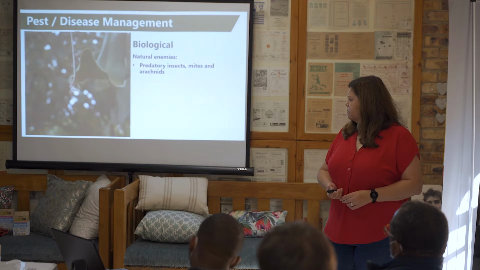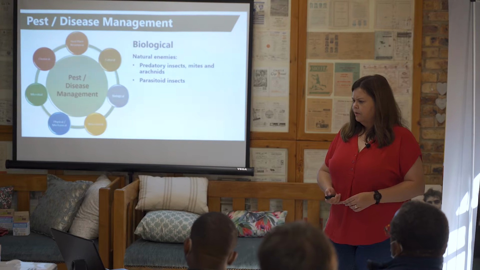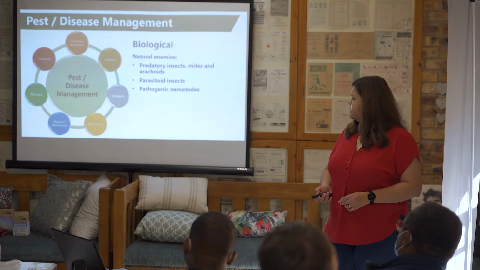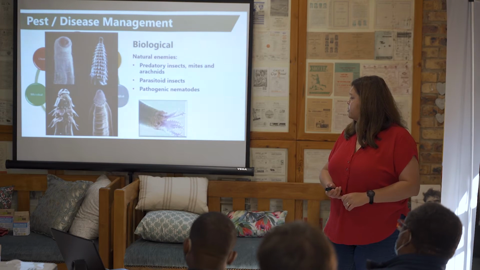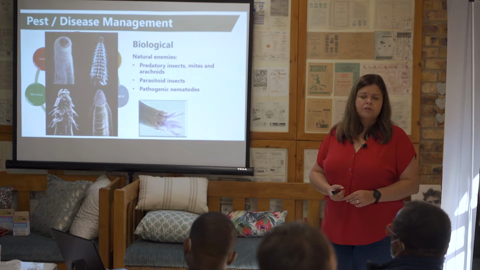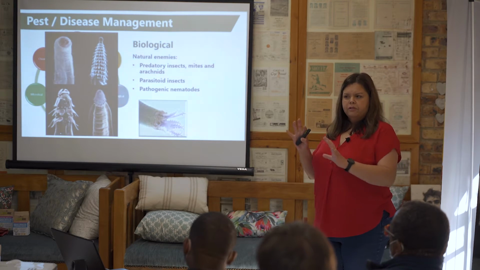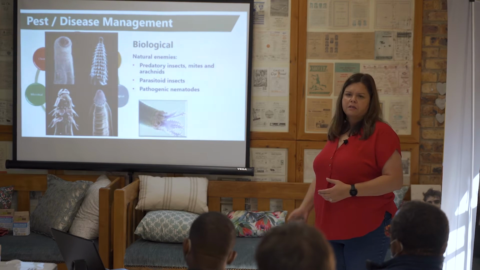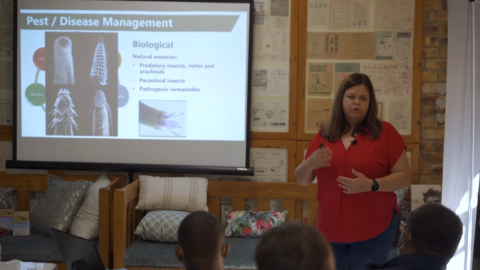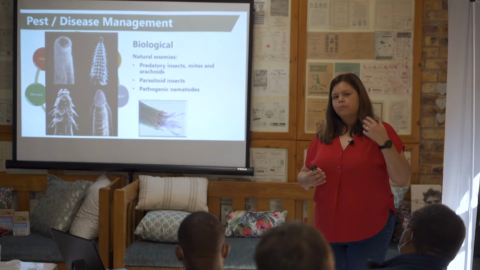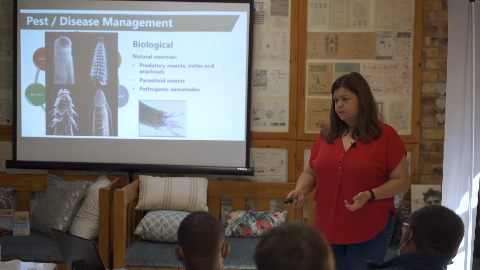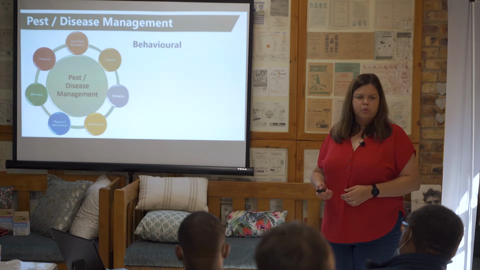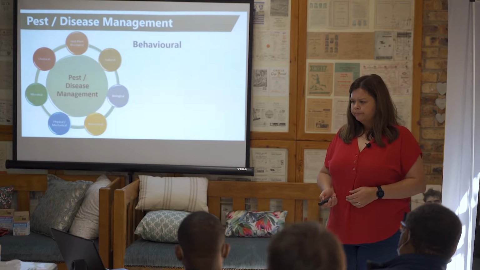Here we've got some, I think, lacewing eggs, some parasitoids, and also your pathogenic nematodes that eat your bad nematodes. So there are a lot of diverse organisms that can contribute, and the better you look after these guys, the more stable your environment will be and the less pressure there will be from your pests. They will really help keep them in check.